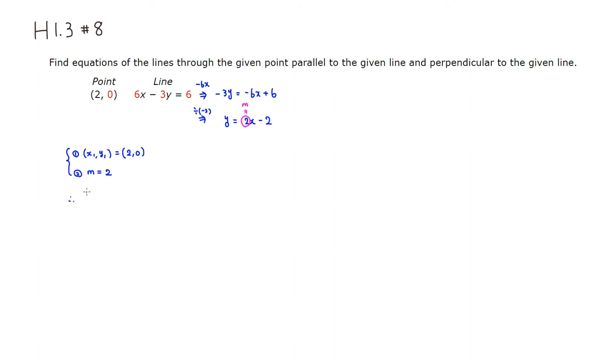Using the point-slope form, we know that the equation is going to be y minus y1, which is 0, is equal to the slope 2 times the quantity x minus x1, which is 2.